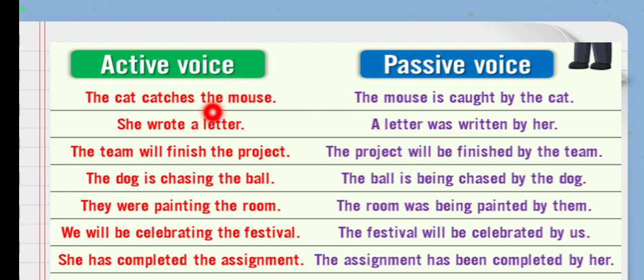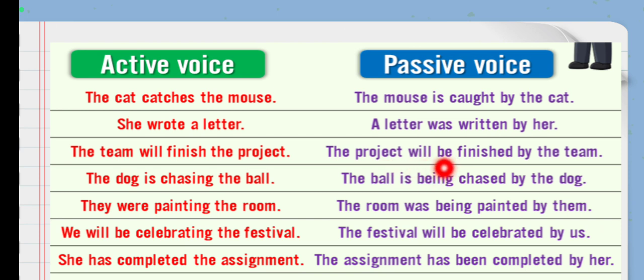Remember, the object pronoun comes to the first position: the mouse, a letter, the project. Now, depending on the verbal tense, for example, here we have simple present, catches. Depending on the verbal tense, catches becomes is caught. Wrote becomes was written. Will be. Remember that will by itself doesn't mean anything of the be, so you have to add be, okay? Will be.